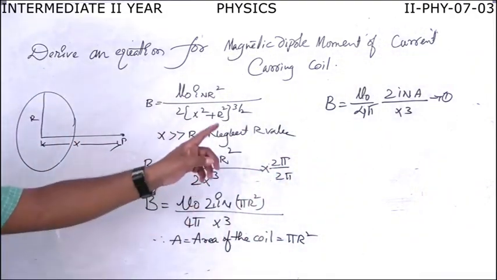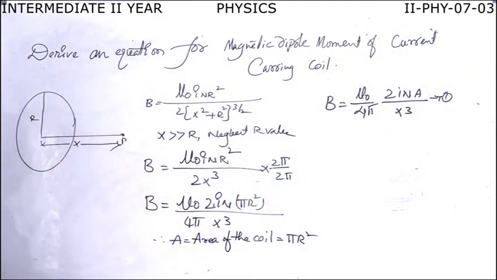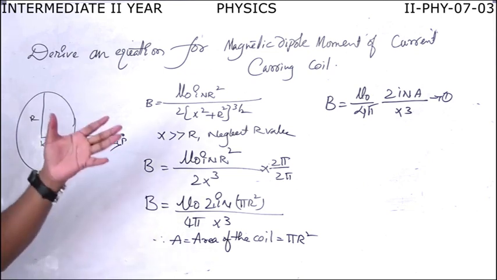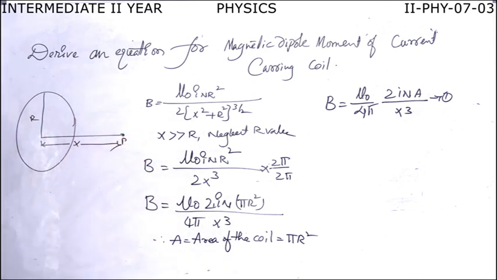Mu naught by 4 pi into IN A by x cube. Now we compare this equation. You people studied in magnetostatics the magnetic induction at a point on the axis of the bar magnet.